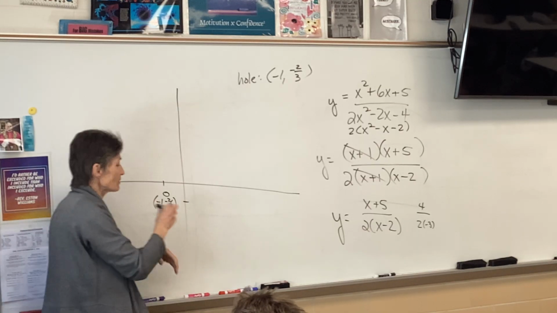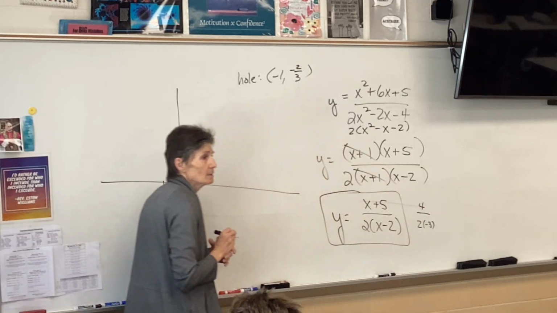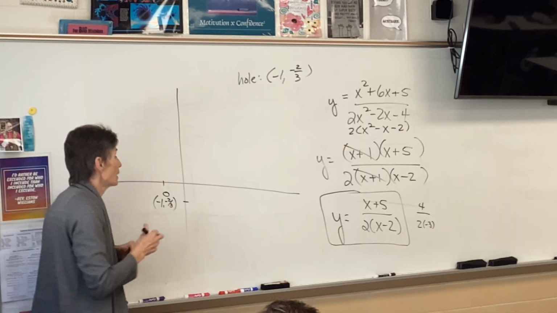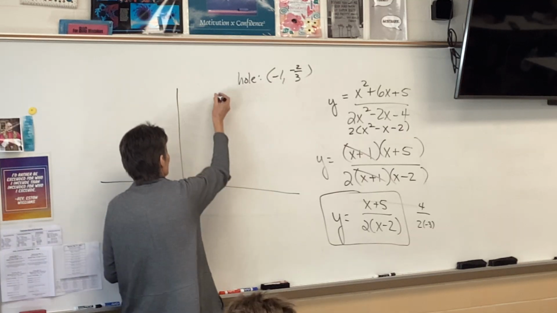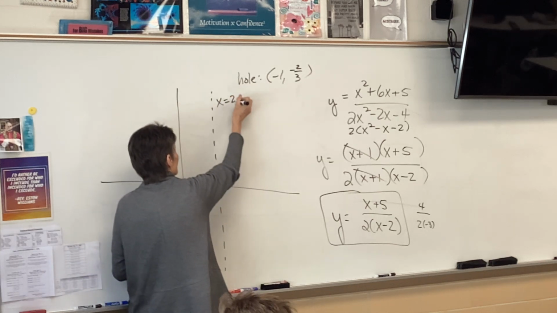All right, tell me what else I know. This is what you're now graphing, okay? So tell me what do I know about it? A vertical asymptote at x equals 2. I think the horizontal.